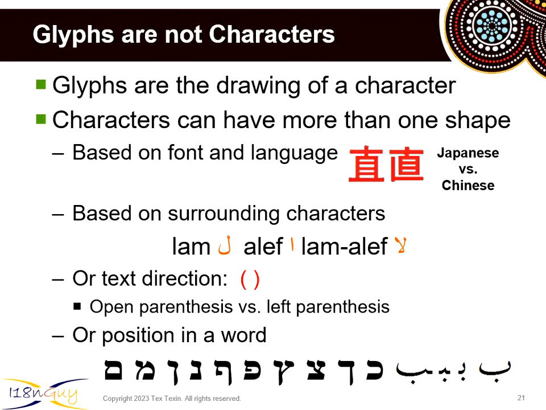And if I'm going right to left, it should give me this other, this right parentheses. So the key I would type when I open parentheses would represent open, and it would change the drawing depending on which direction I'm writing.